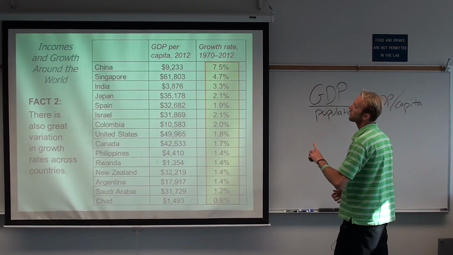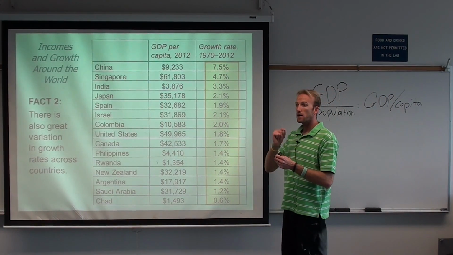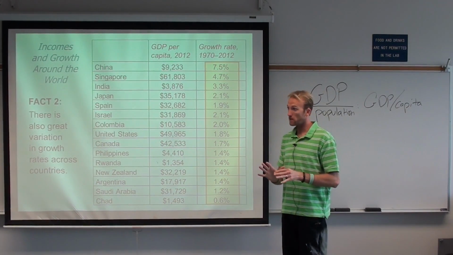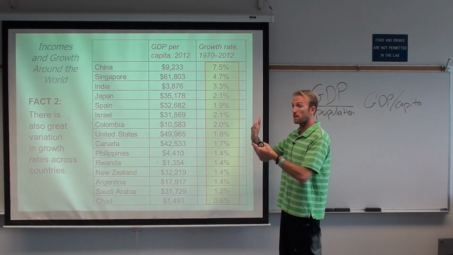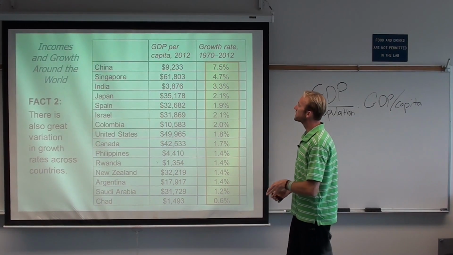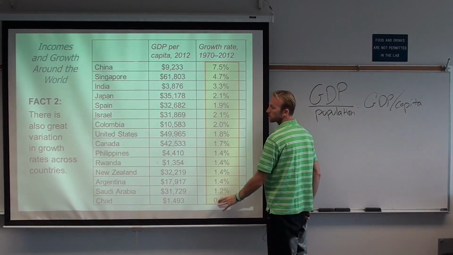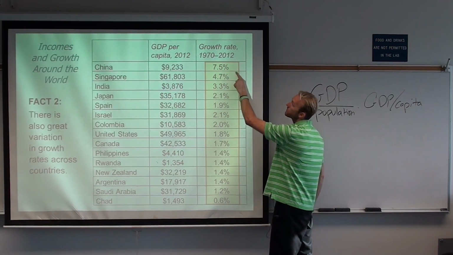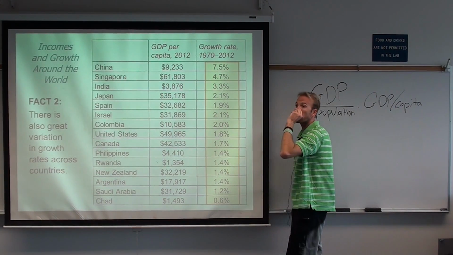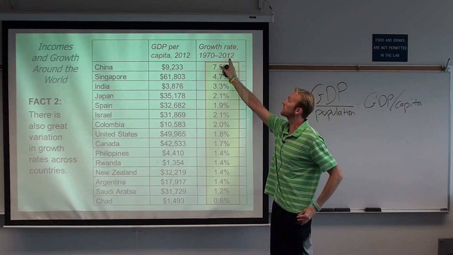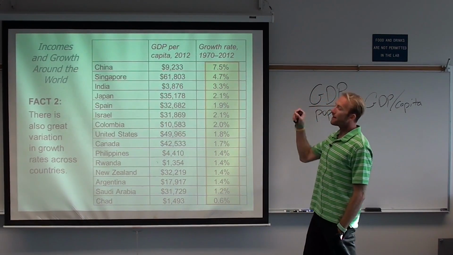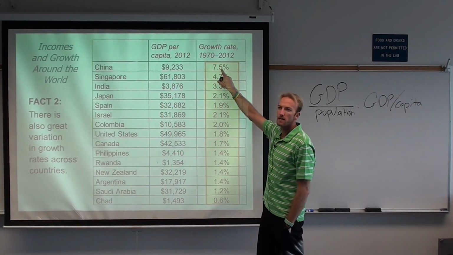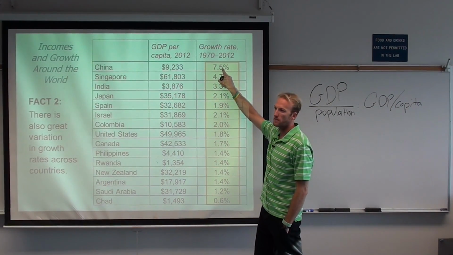And there's another fact about this, which is that the GDP per capita numbers don't stay the same every year, right? Hopefully, they're growing every single year. And you see this is ranked in terms of the speed at which they're growing. Okay? You see China's actually got the highest growth rate over this 42-year period. That means that every year, this number gets, on average, 7.5% bigger than it was the year before, right?